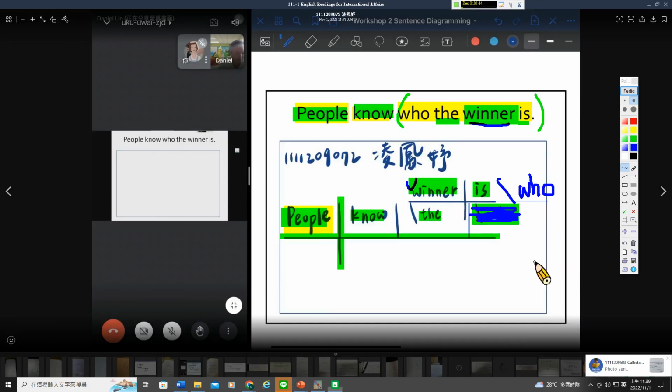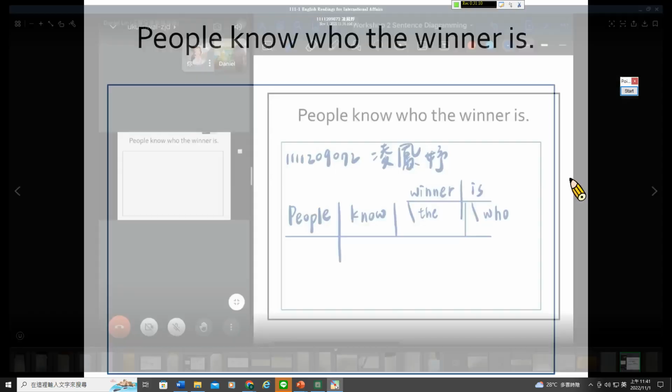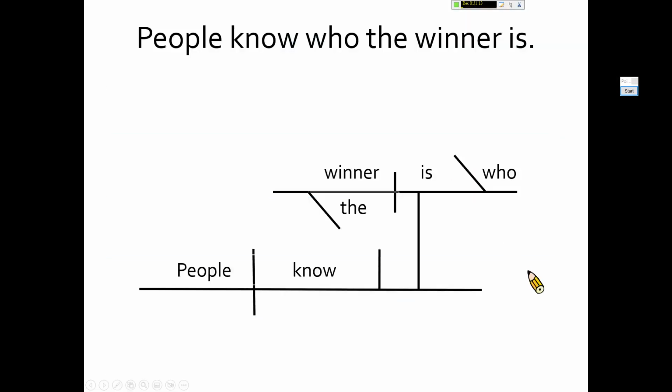Okay, so this is the answer for this one. So remember, who the winner is, actually the sentence is the winner is who. Is that right? So just change it. It is not a modifier for is. It is the subject complement for winner. So its position is here.